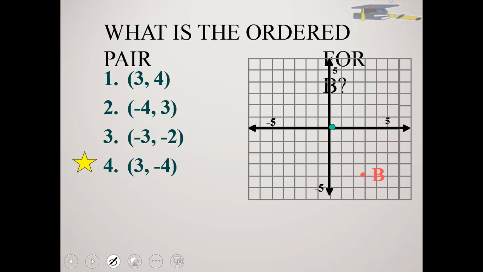Okay, let's see another one. The letter B here. We do the same way. We go from B here, we draw lines to connect with the axes here. So here 1, 2, 3. So B would be at 3 from the x-axis. What about y?